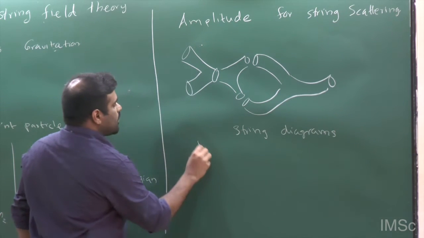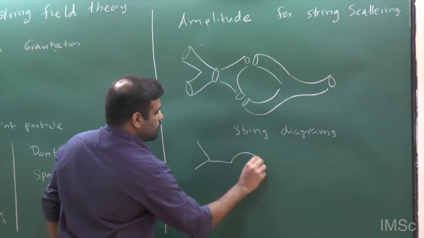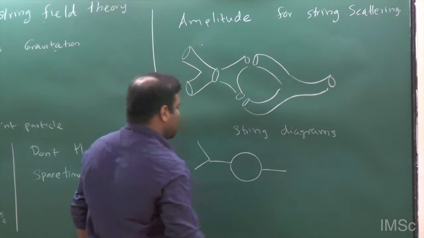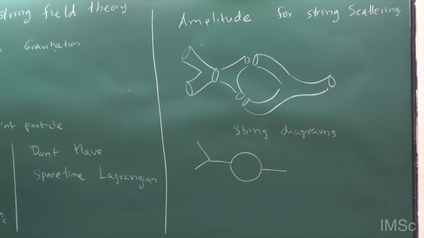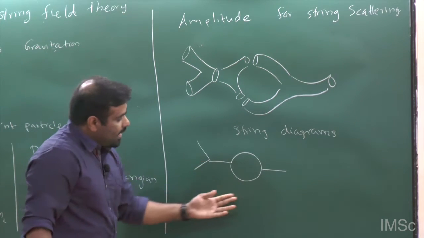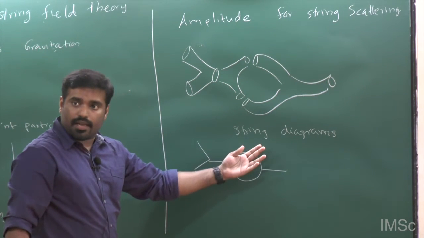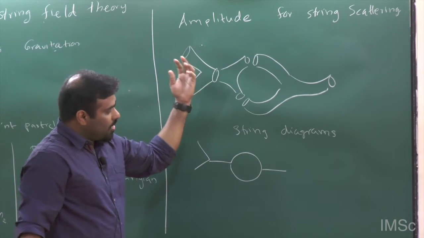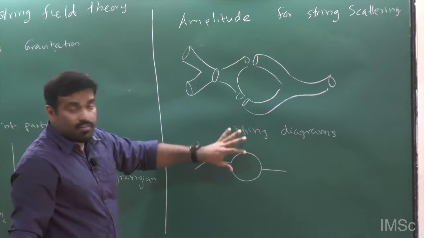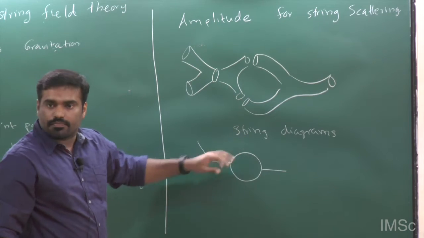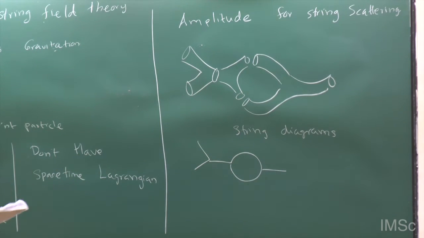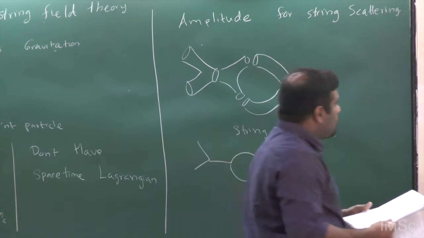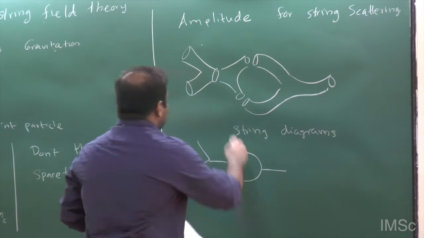So you can compare it with diagrams like this. But the main difference is that when you draw a diagram like this, it's a single Feynman diagram. But when you draw a string diagram, it corresponds to several Feynman diagrams. Let us consider a diagram like this.